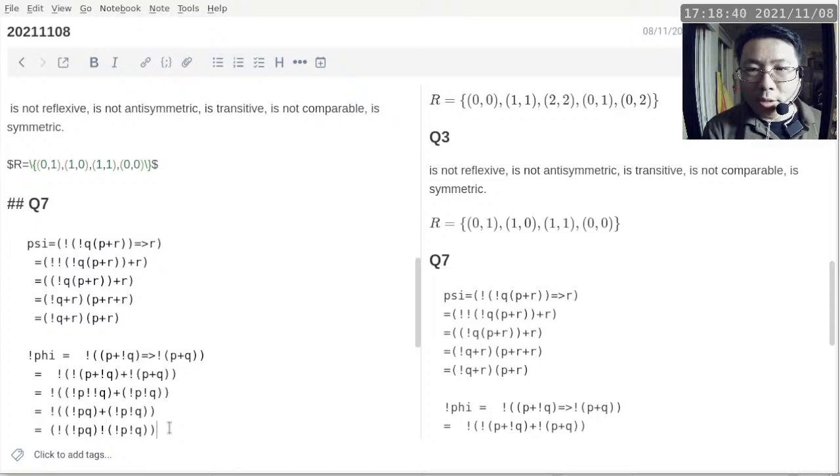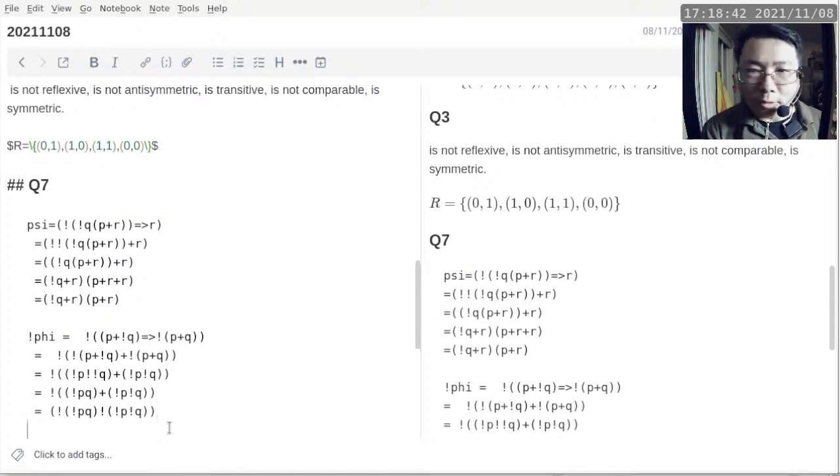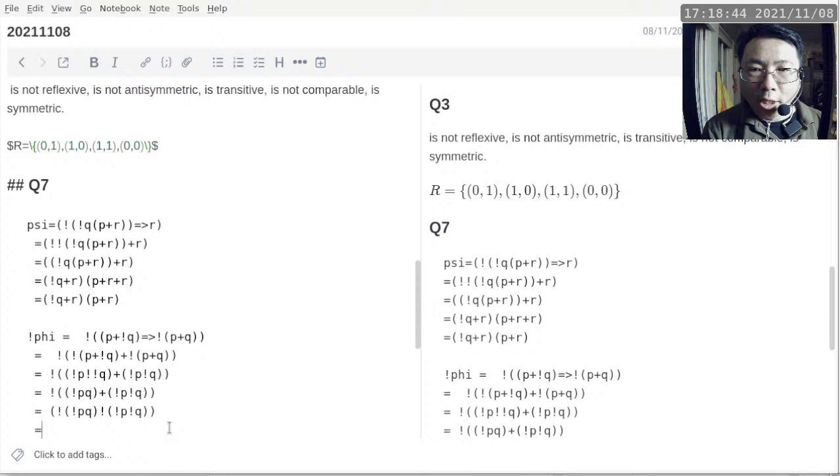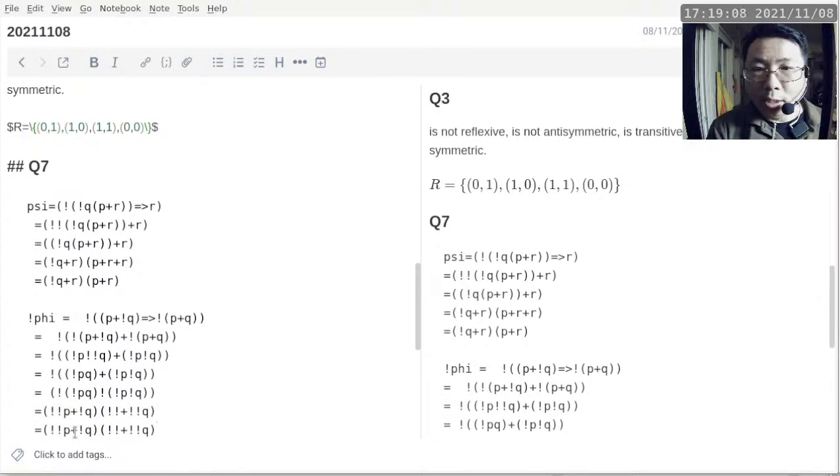The next step is the last one in this case, because now I can apply De Morgan's law to this part here, and it becomes a disjunction by itself. It becomes not P or not Q, and the other one becomes not P or not Q. And then we can simplify. One more step: we can take out all the double negation.